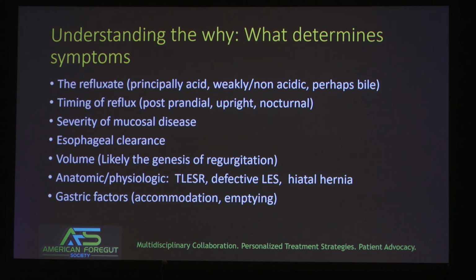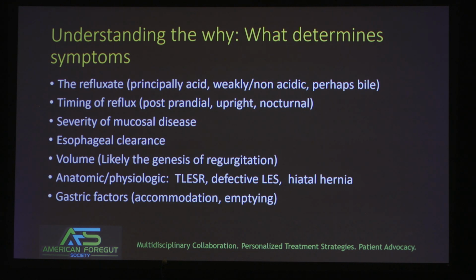Now, Peter talked about this quite elegantly in his talk, the genesis of a symptom. Raina alluded to it in one slide, but I think it's important to understand what determines symptoms as you think about why we can't relieve them or why we don't relieve them with medical therapy.